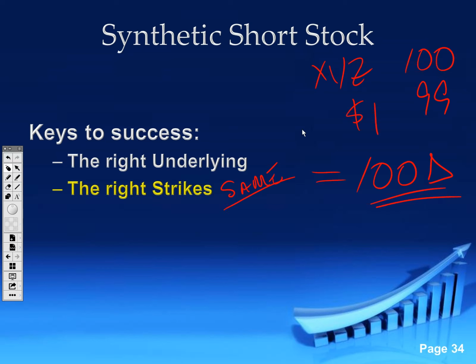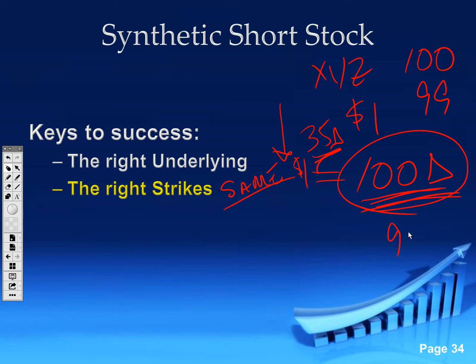If we only have, let's say, 35 deltas, well, if the underlying moves down by $1, we only get 35 cents out of that dollar. So we want to build it up to where it is close to 100 deltas. Sometimes it's going to be 99.65 or whatever.